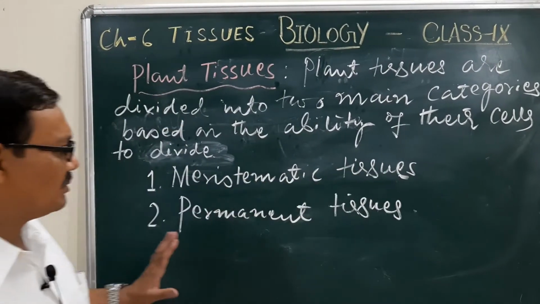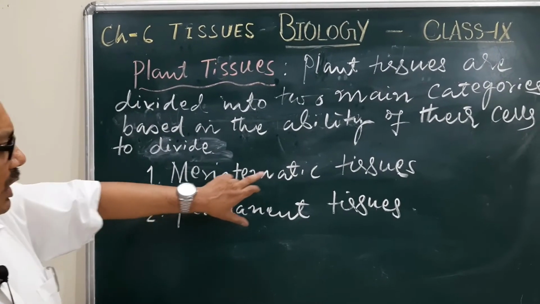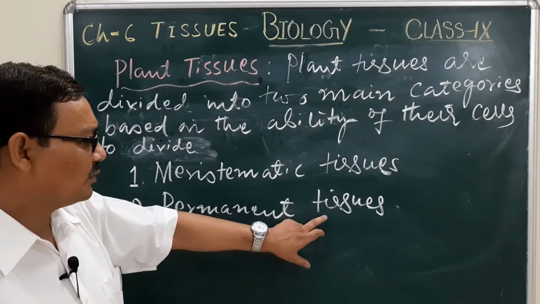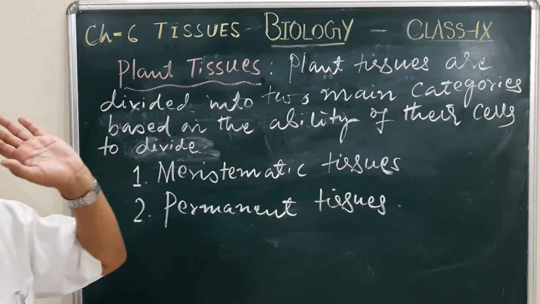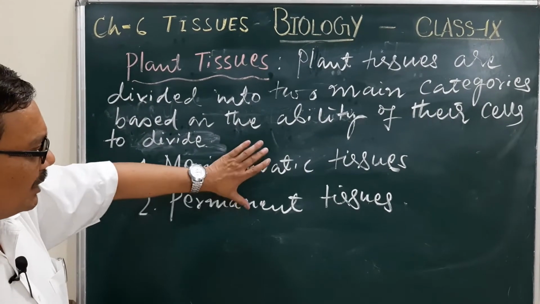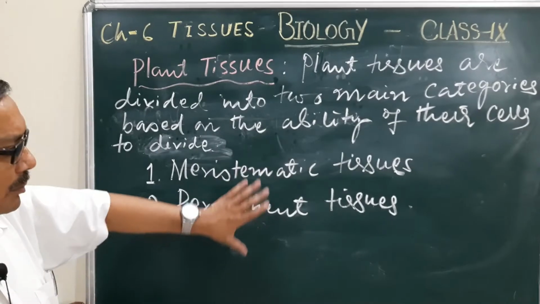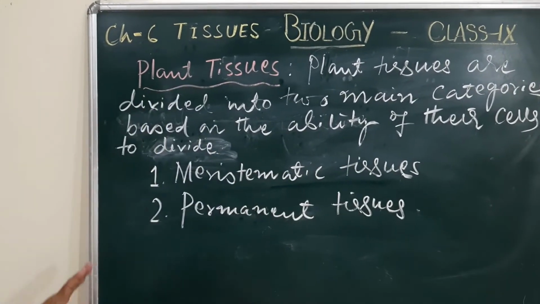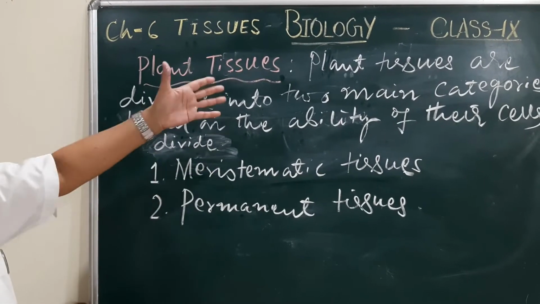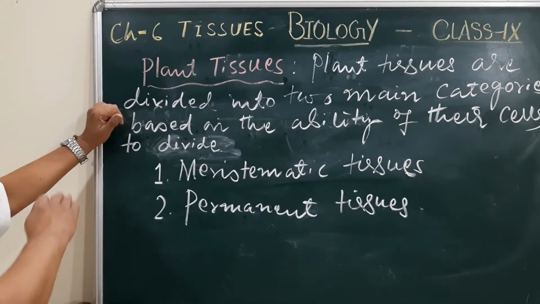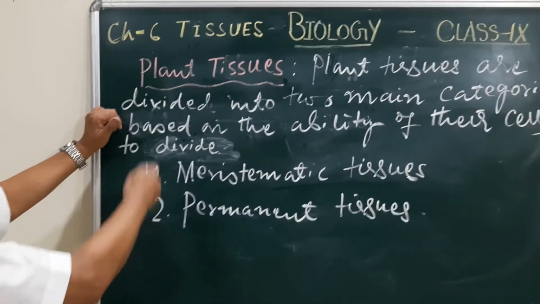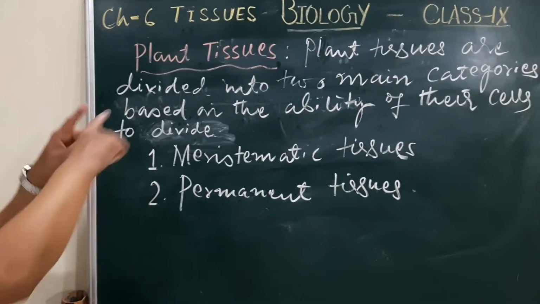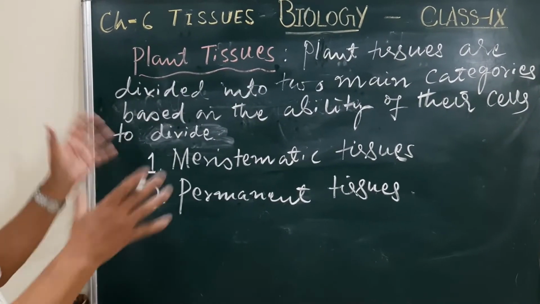Number one, meristematic tissue, where the cells always divide, and the permanent tissue where the cells cannot divide. So, these are the two important categories of the plant tissue, but it is not the limit, as there are some more further classifications of these two basic tissues of the plant. Let us now see with a chart how those are classified.